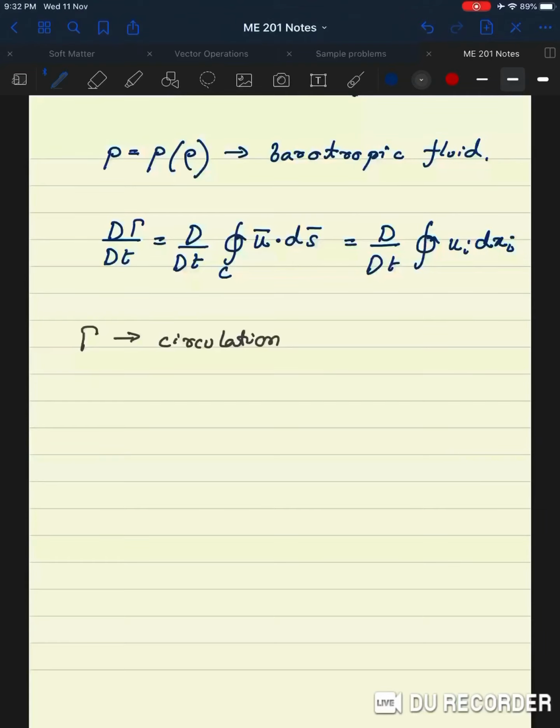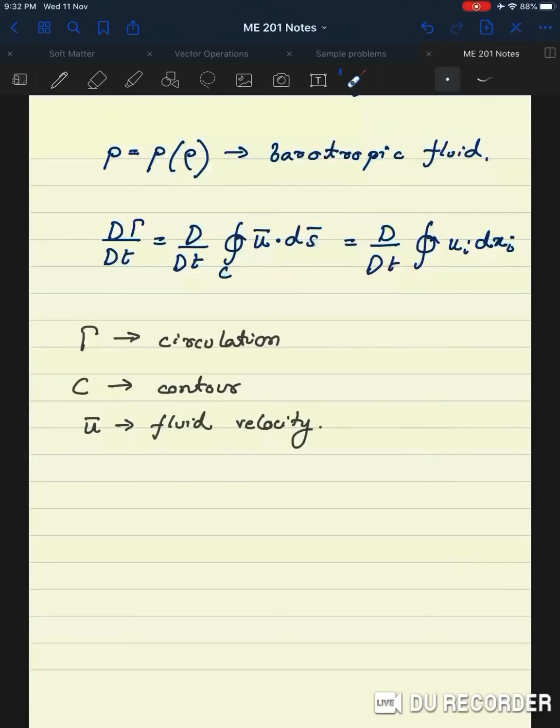and we have defined this before. C is the contour, and the contour is not really specified, so it's an arbitrary contour, and u here is a fluid velocity. Okay, so now it turns out that if you are looking at this particular form, and I am not going to prove this, you can take this derivative inside.